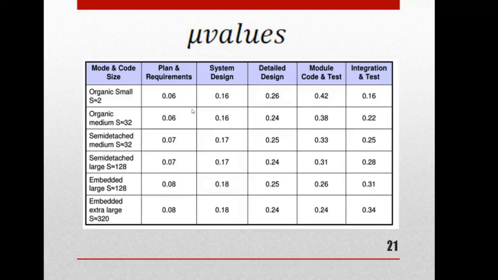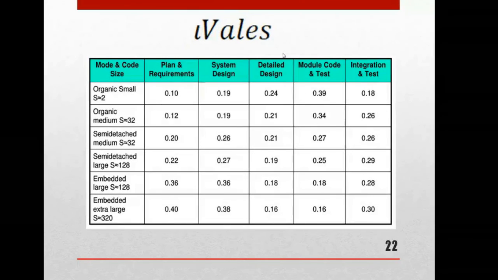So each has its own percentage. For example, for plan and requirements, 0.06 is the default value. System design 0.16. Detailed design 0.26. Module code and test 0.42. Integration and testing is 0.16. Likewise, they have given the mu values. Then what are the I values?